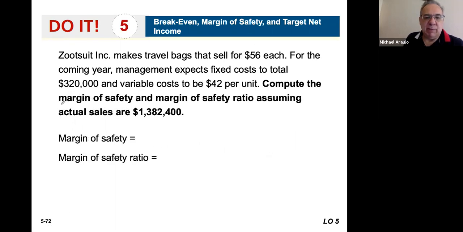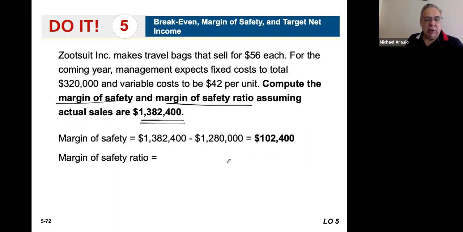B is compute the margin of safety and the margin of safety ratio if the sales are $1,382,400. So we already calculated earlier the 1.28 million. Our margin of safety is simply the difference between the actual sales and the break-even sales that we just figured out.